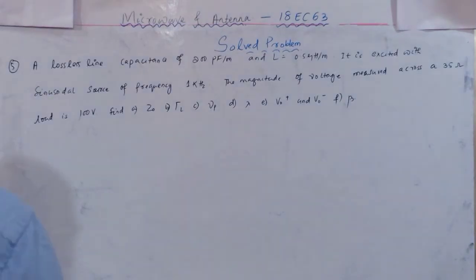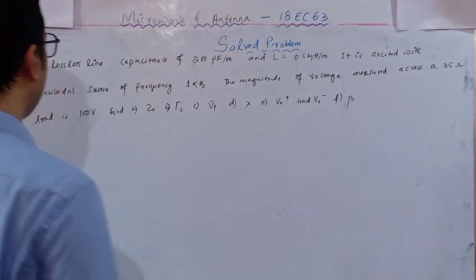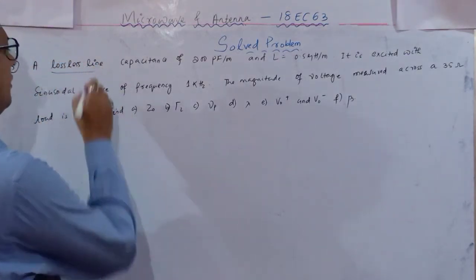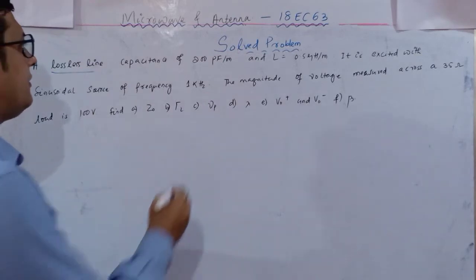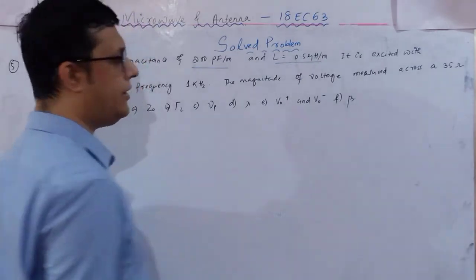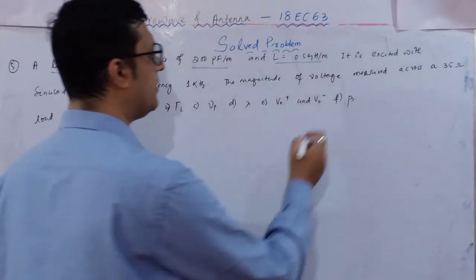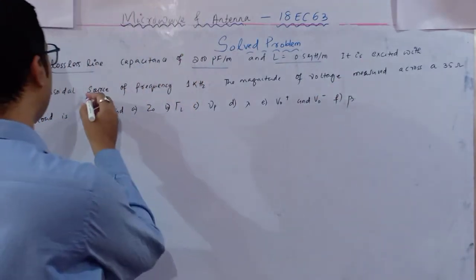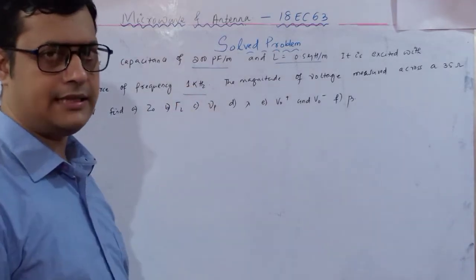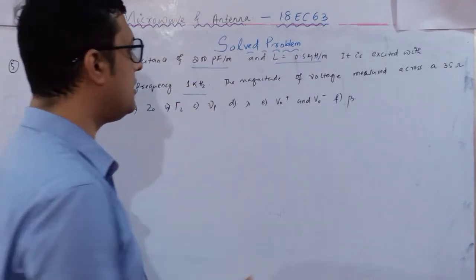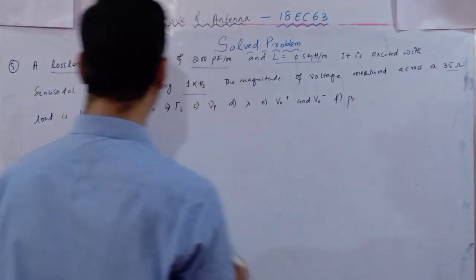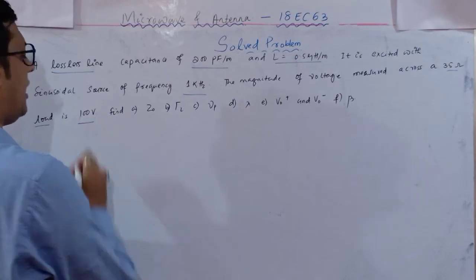Okay, so this is one more question, the fifth question. A lossless line, it was already defined, with a capacitance of 200 picofarad and inductance of 0.5 microhenry per meter, which is excited with a sinusoidal source of a frequency of 1 kHz, meaning the operating frequency is given as 1 kHz. The magnitude of the voltage measured across 35 ohm, which is a load, is 100 volt.